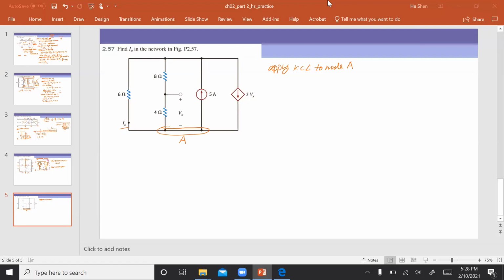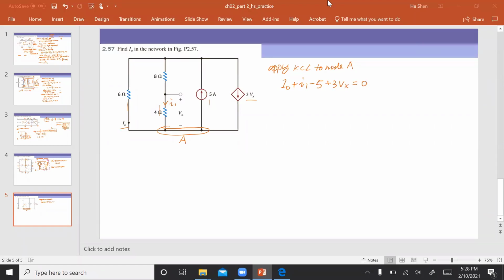The algebraic summation of the currents going into the node is 0. We have this branch going into the node, which is IO. And this branch, the current goes into the node. I'm not quite sure, so I'll just call it I1. And the current in this branch is leaving, so -5. And the current 3Vx is coming in, plus 3Vx, equal to 0.